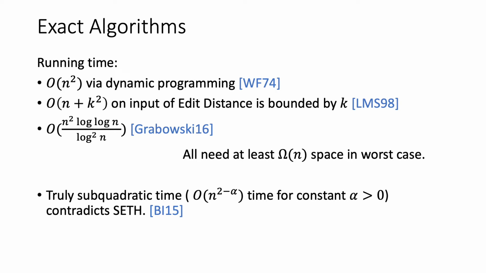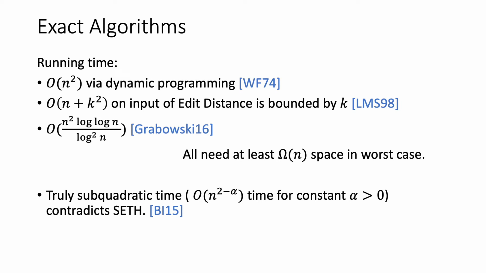The classical dynamic programming algorithm can solve both problems in quadratic time. For input of length n and edit distance bounded by some parameter k, we can solve edit distance in O(n + k^2) time. The best algorithm in terms of time complexity currently is only slightly subquadratic time, by a factor of polylog n.